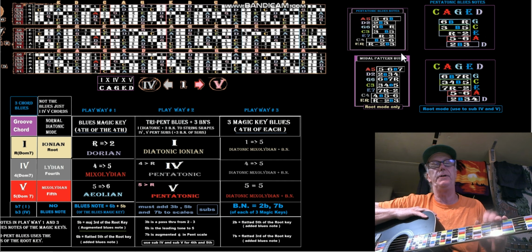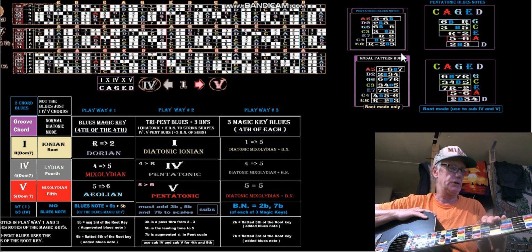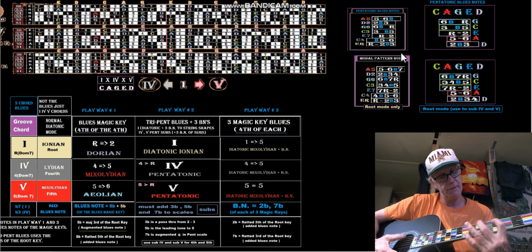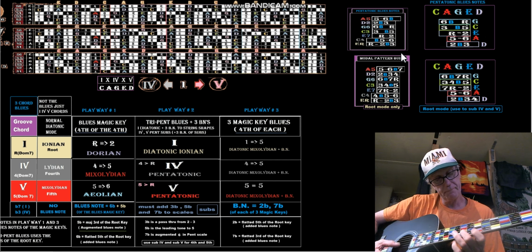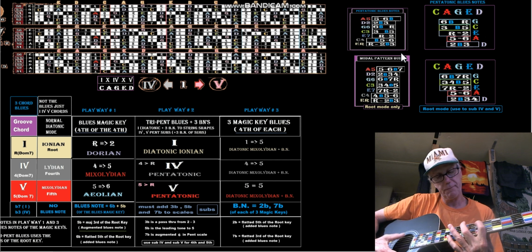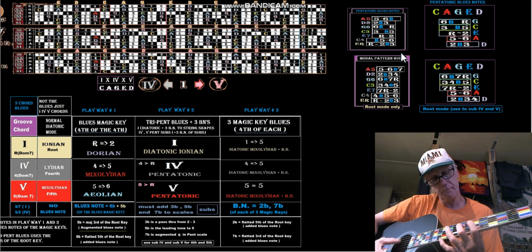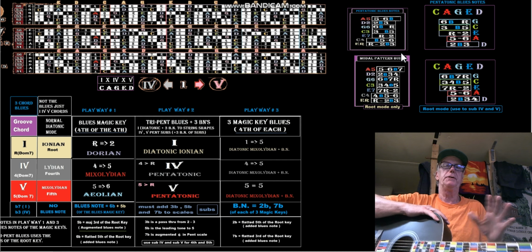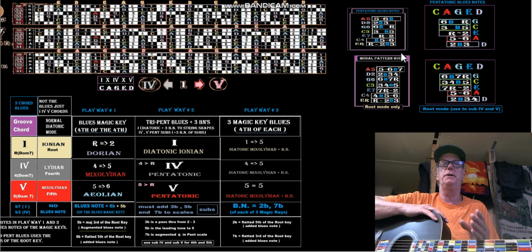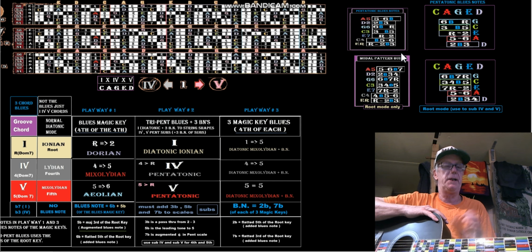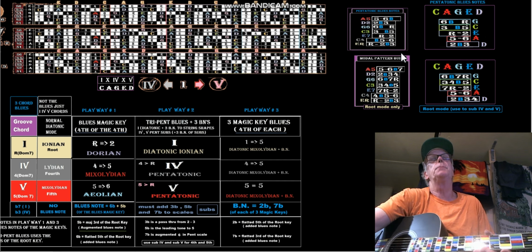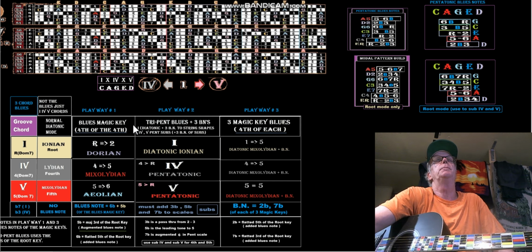And that's also difficult when we start to go to the fourth and the fifth, because then you have to put the blues note in a different scale of that fourth and fifth. So I made it easier by coming up with these magic keys of the blues.